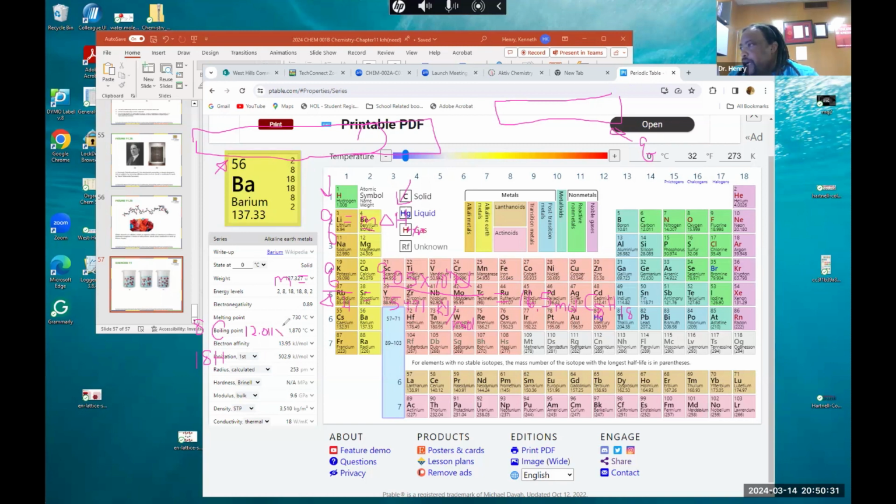And we're going to be multiplying that by 8. And then hydrogen weighs 1.008, and we're going to be multiplying that by 18.